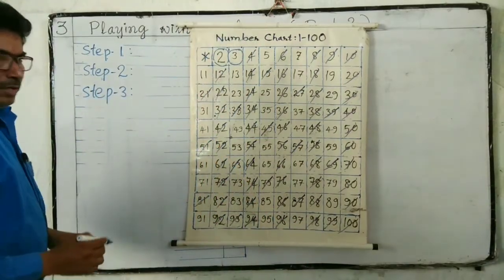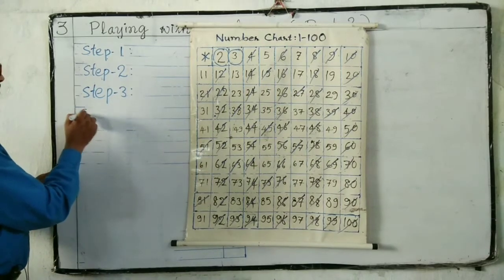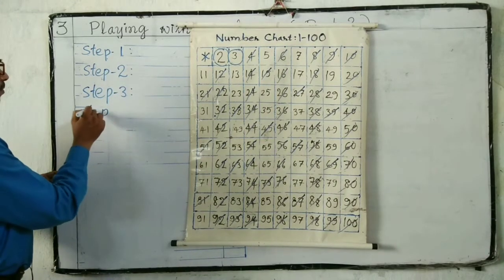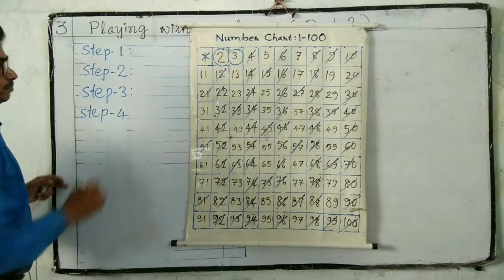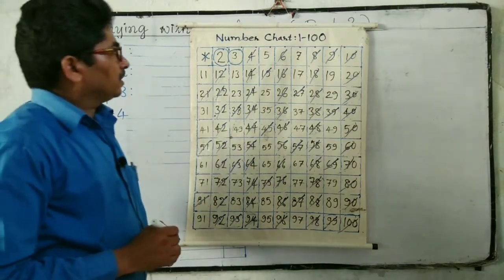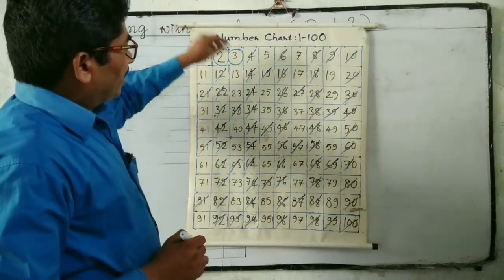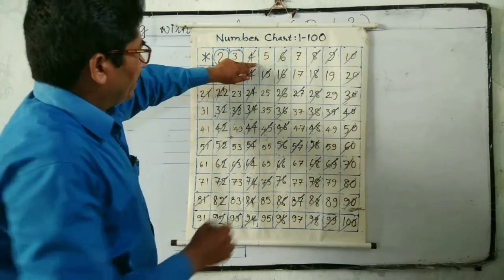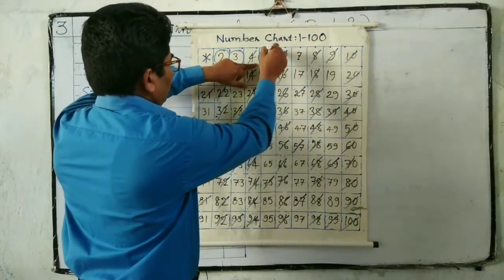Next, Step 4. The next uncrossed number is 5.